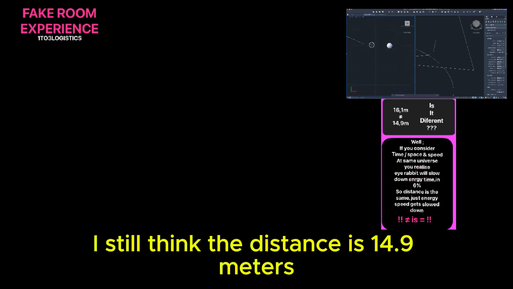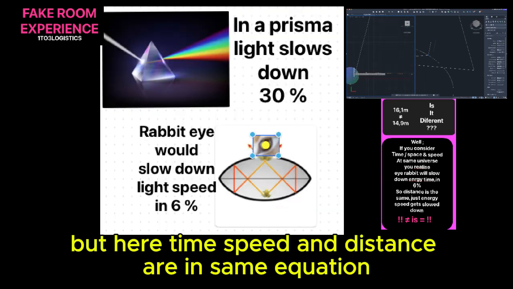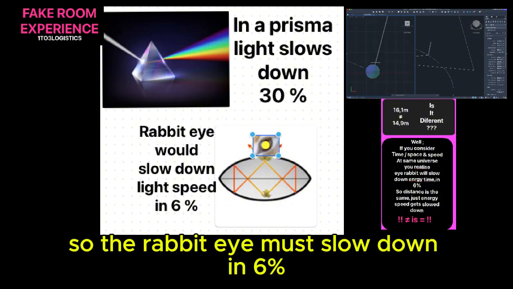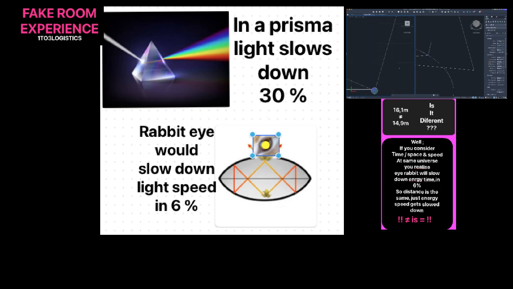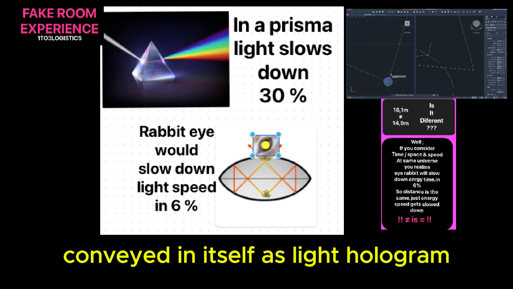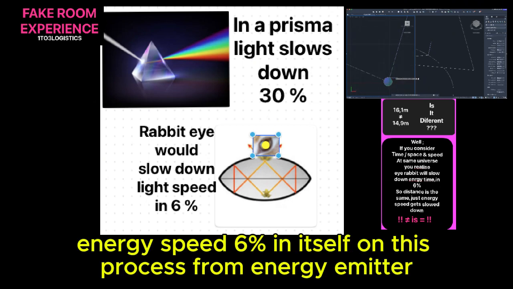I still think the distance is 14.9 meters, but here time, speed and distance are in the same equation. So the rabbit eye must slow down 6% of the energy emitted from the energy emitter, conveyed in itself as a light hologram, slowing down energy speed 6% in itself.